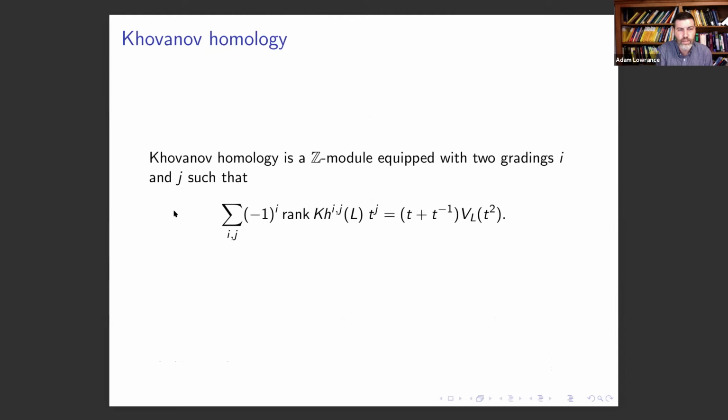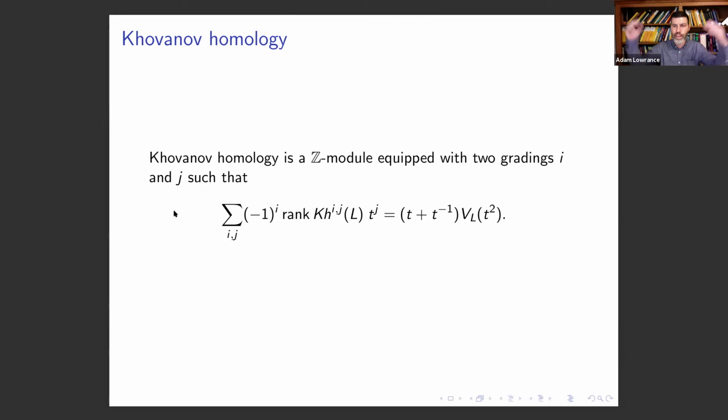So if you work with Khovanov homology, or you work with knot Floer homology, basically anytime you prove a theorem about a coefficient of the Jones polynomial or a coefficient of the Alexander polynomial, you ask yourself, what's the lift of that theorem to the categorification, right?